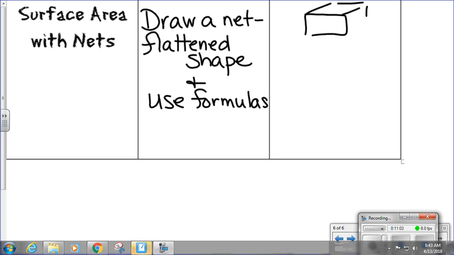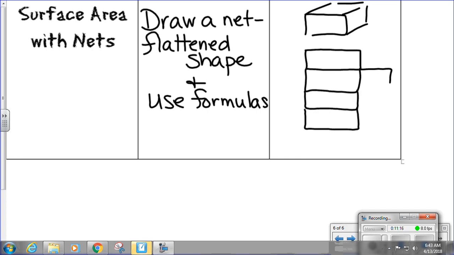So if I start off with my rectangular prism, and now I'm going to flatten it out. I have a top, a side, a bottom, a side, and then the flaps. And it looks like I would be using my rectangular formula to find the entire surface area.